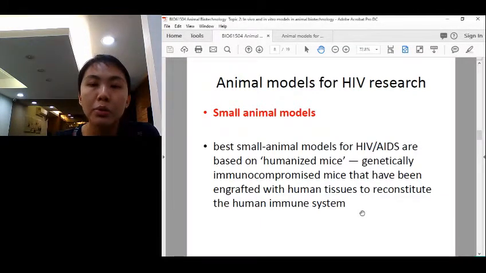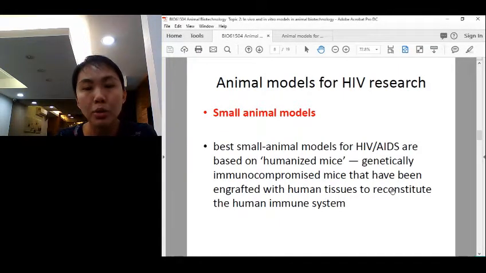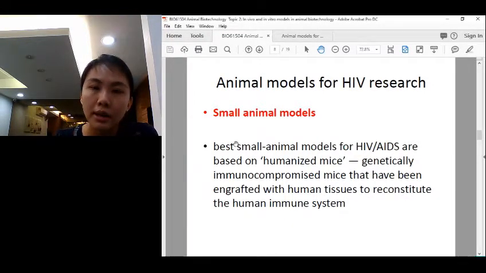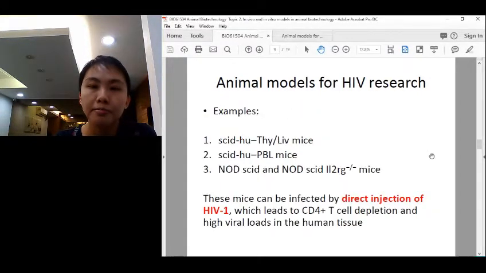So basically, you will need to generate a mouse which has human immune system components in it. In order for a mouse to accept tissues from another species, it needs to be immunocompromised, meaning that these mice will not reject tissues from another species. So this is how they have been able to generate the humanized mice.